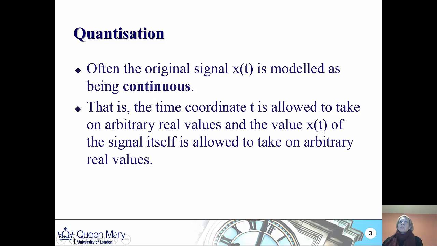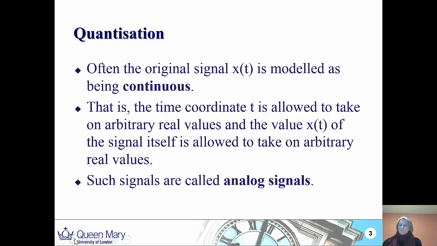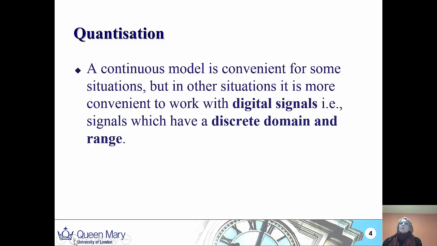So there's an infinite range of values which may be used to represent our continuous signal. These are also known as our analog signals. So a continuous model is convenient for some situations, such as our audio signals, our sound information, where the values can take on a wide range of values.